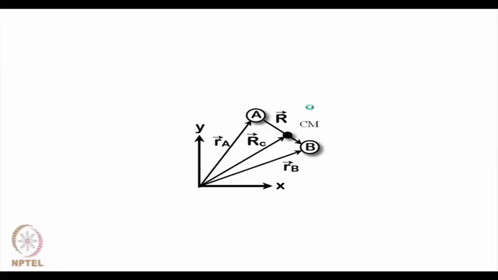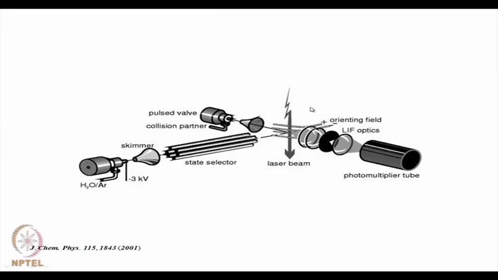Next, we'll have an apparatus taken from the Journal of Chemical Physics, 2001 edition, volume 115, which gives you the idea of how to do these collision experiments.